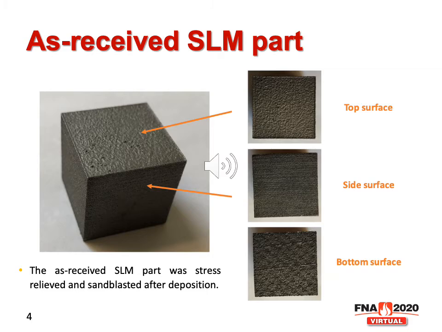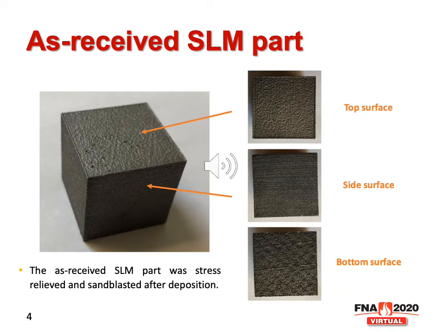This is the as received AM part. This part is fabricated by selective laser melting. After deposition, this part was stress relieved and sandblasted. And these three images on the right side show the surface from this part.